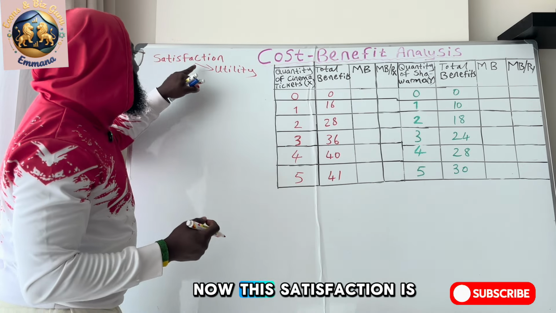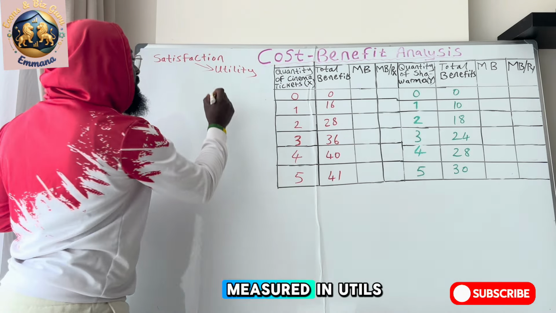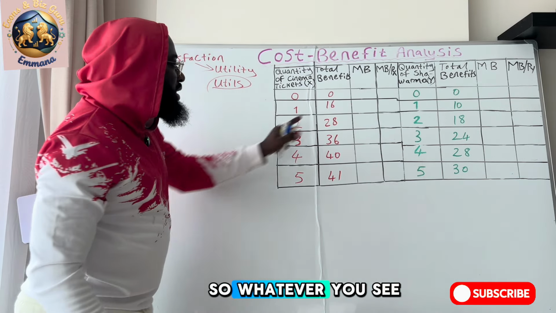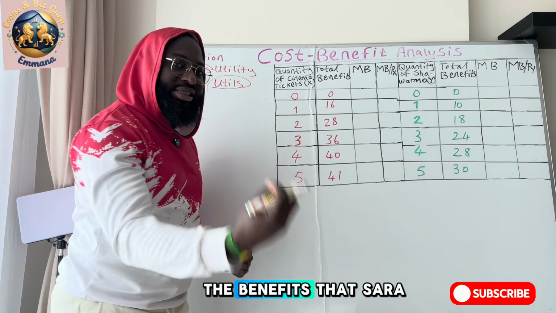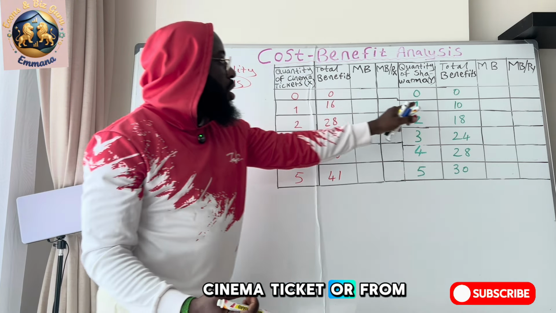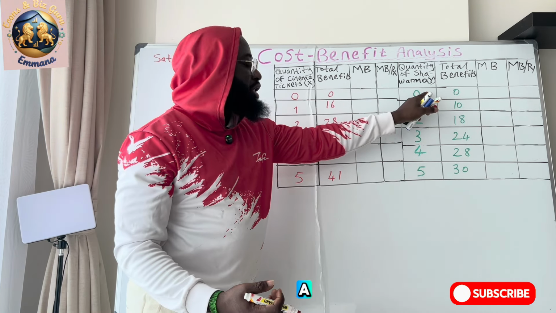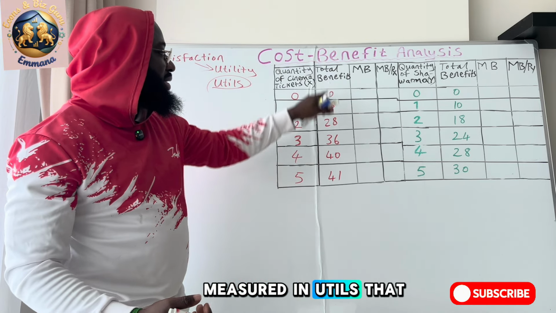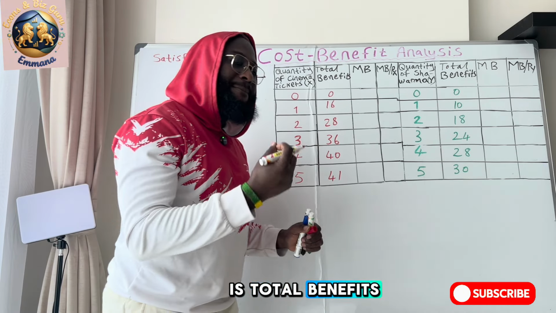Now, this satisfaction is measured in utils. So, the benefits that Sarah gains from buying a cinema ticket or a shawarma are measured in utils. That is total benefits.